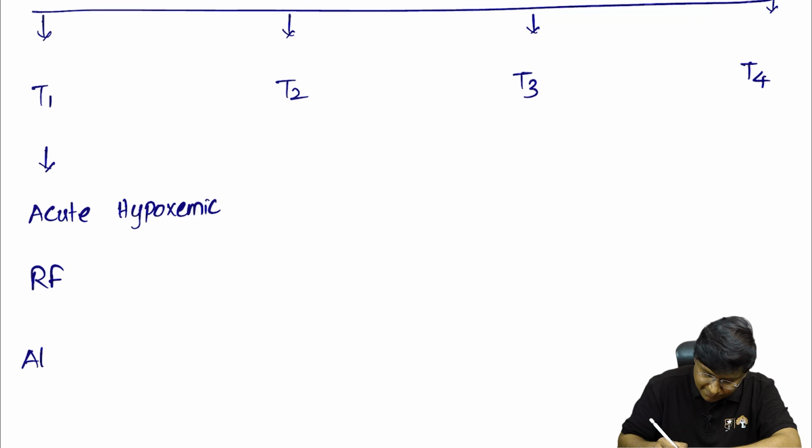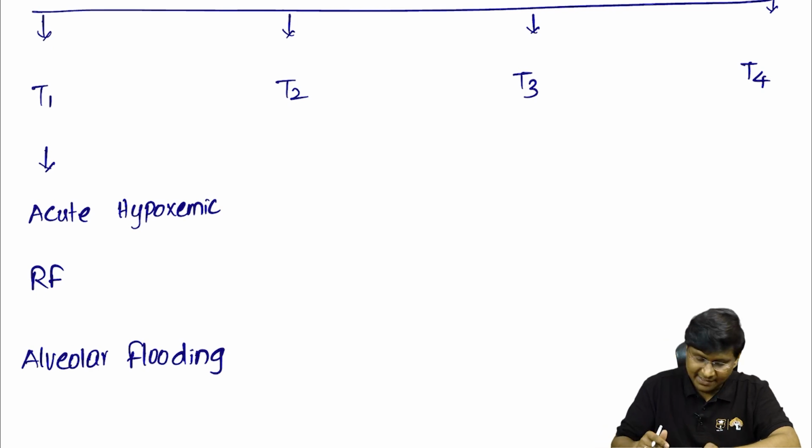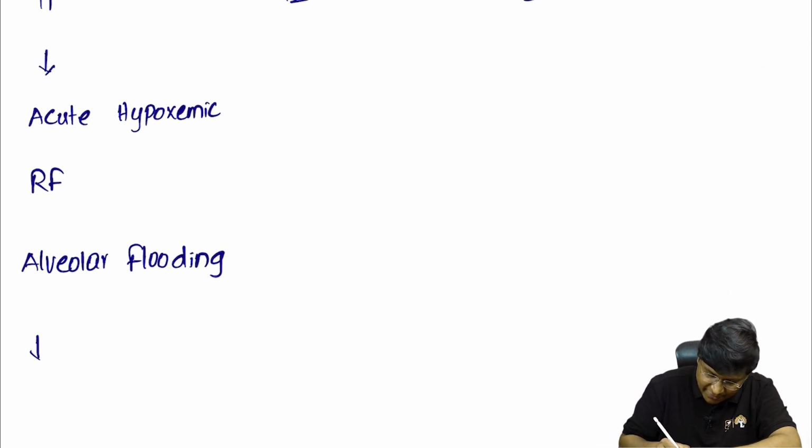Okay, so this acute hypoxemic respiratory failure, why does it occur? This is due to alveolar flooding, right? And this alveolar flooding is due to pulmonary edema, or it could be due to pneumonia, or due to alveolar hemorrhage. In these patients with type 1 respiratory failure, there will be hypoxia. And what will happen to the carbon dioxide levels?